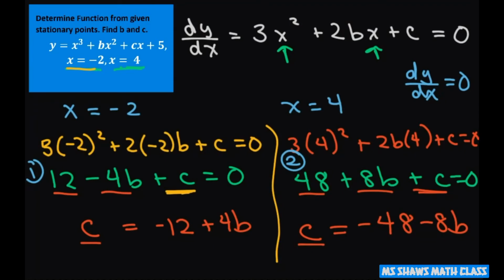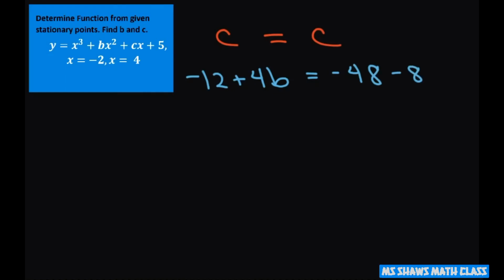Now we're just going to set c equals c and solve for b. It's like you do when you do linear equations. So let's do that. So we have c equals c, because we want our c's to be the same. So we're going to get -12 plus 4b equals -48 minus 8b. All right, and solving, what I'm going to do is go ahead and add 8b to both sides.